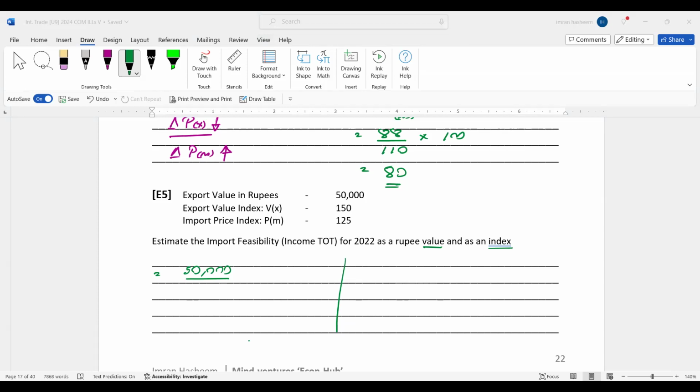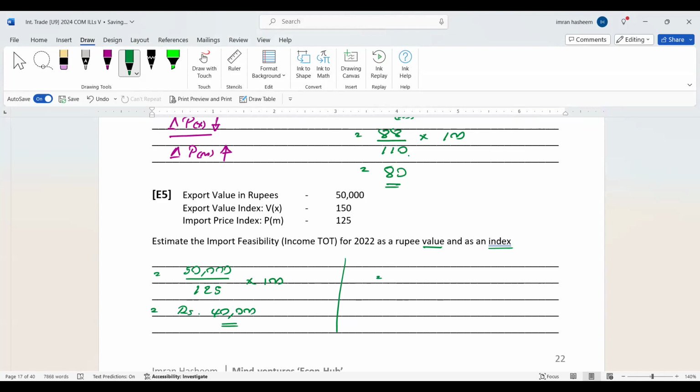So basically here as a value, what we do is we take the rupee value of exports divided by the import price index, 125, into 100. Okay. So there are 4, yeah, there are 125s inside 500. So that's 40,000. Okay, your answer here should be rupees 40,000. Okay, here as an index, what should we get?